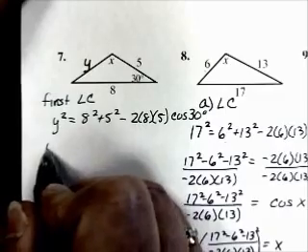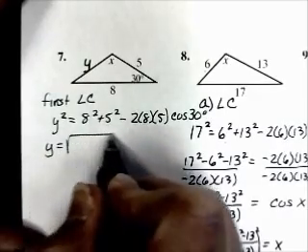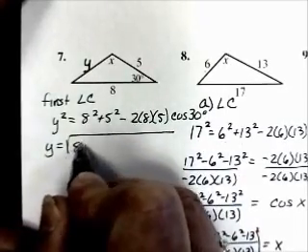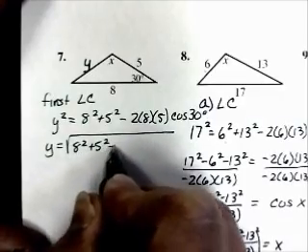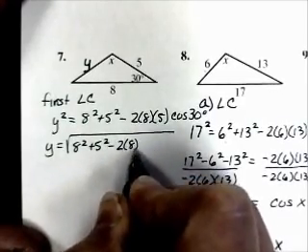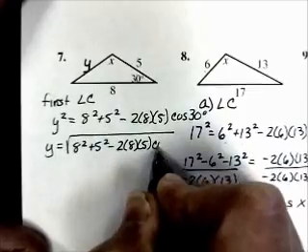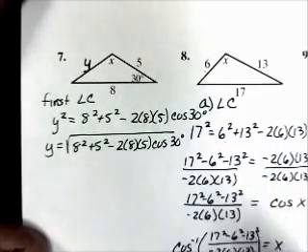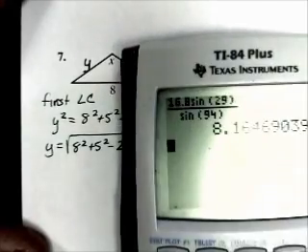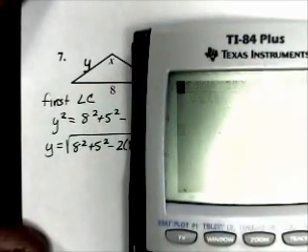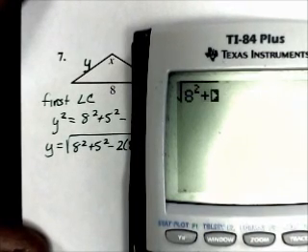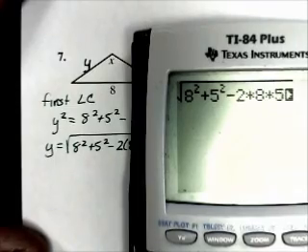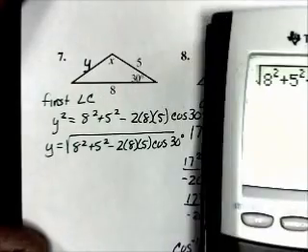All right, so y equals the square root of this whole thing. 8 squared plus 5 squared minus 2 times 8 times 5 times the cosine of 30 degrees. Let's go to the calculator. Square root of 8 squared plus 5 squared minus 2 times 8 times 5 times the cosine of 30.